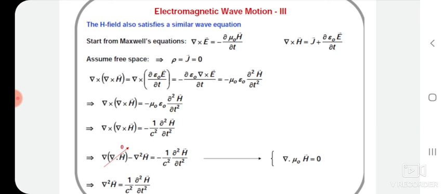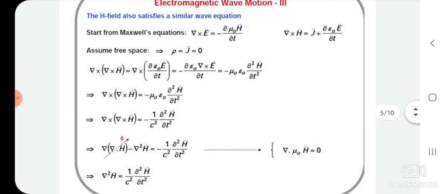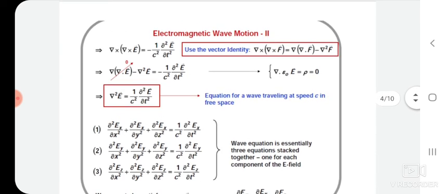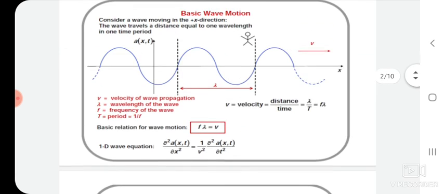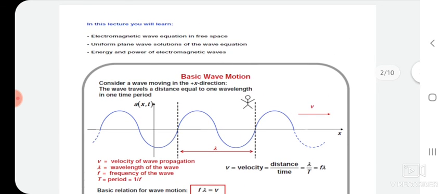After that, write the solution for the electric field wave equation and the solution for the magnetic field wave equation. That's the end of the electromagnetic wave equation in free space.